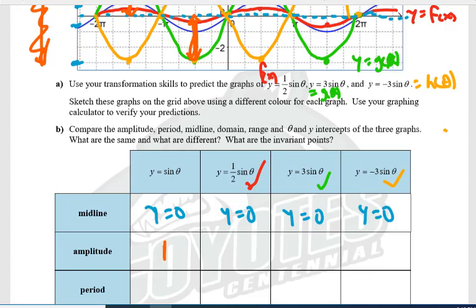In the second graph, when we had half sine theta, our maximum had a height of 1/2, and our midline was still 0, so our amplitude is a half. And as you can guess, our amplitude on this, the green one, is 3, and the amplitude on the last one is also 3. It's not -3. The amplitude is going to be the absolute value. It's going to end up being our A parameter, so we're going to call it absolute A.